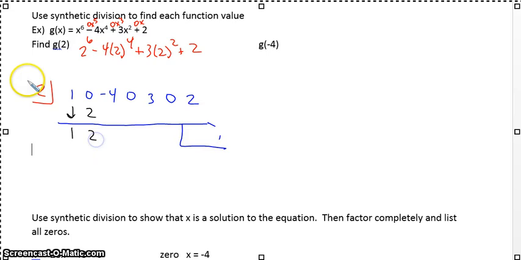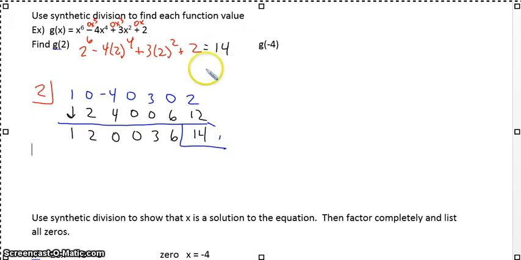So add that, I get 2, multiply, I get 4, add, I get 0, multiply, I get 0, adding, I get 0, multiplying, I get 0, adding, I get 3, multiply, I get 6, add, I get 6, and multiply, I get 12. Finally, adding that, I would get 14. Like I said, had I taken the time to punch this into the calculator, I would also get 14. So the answer to this problem is really 14. Again, the answer would be whatever the remainder is.